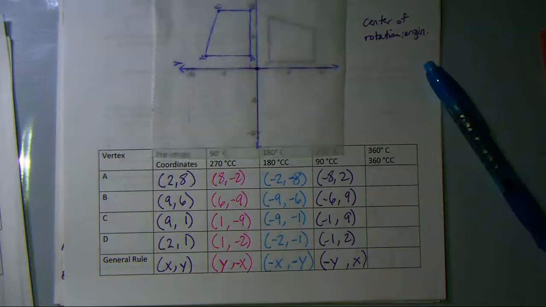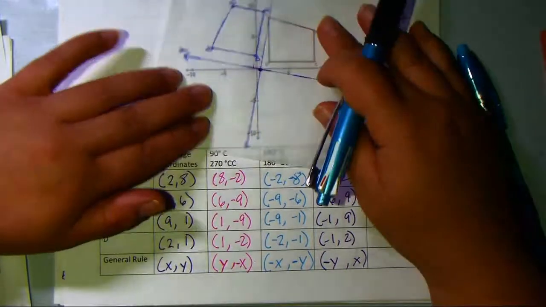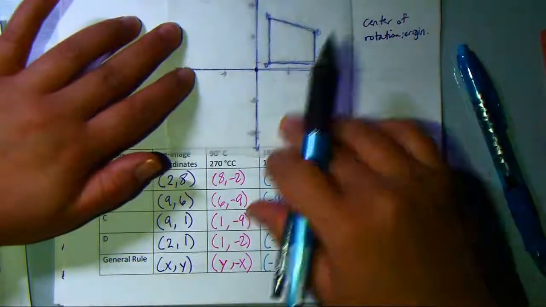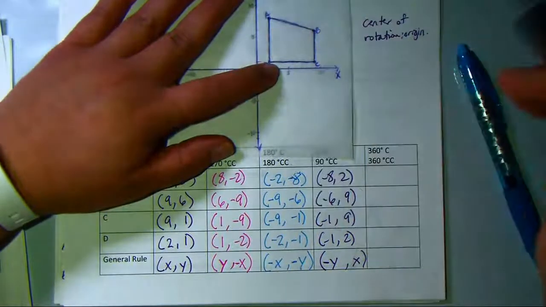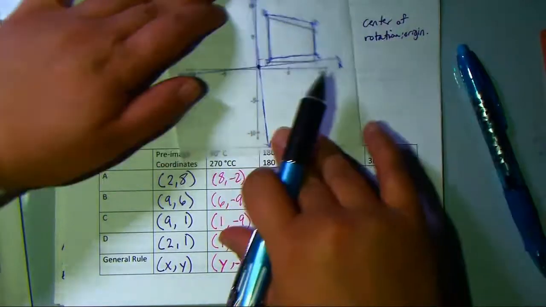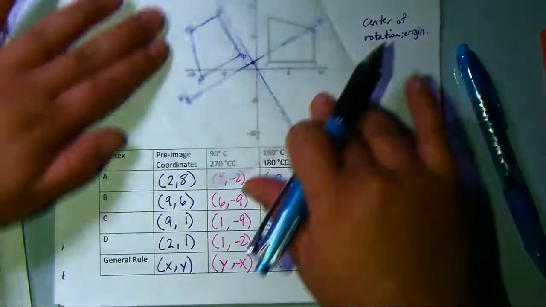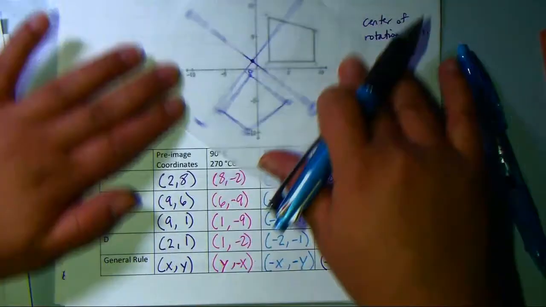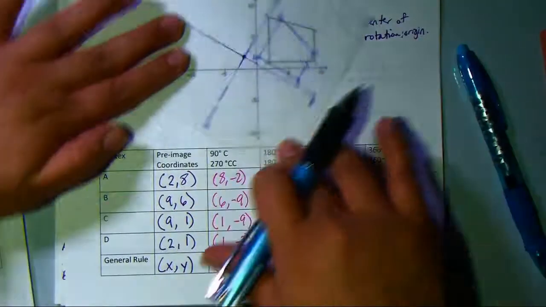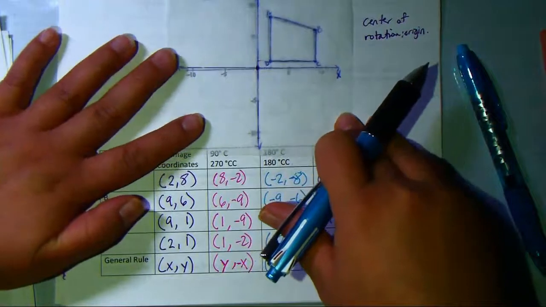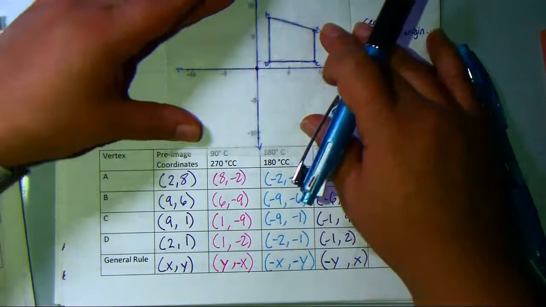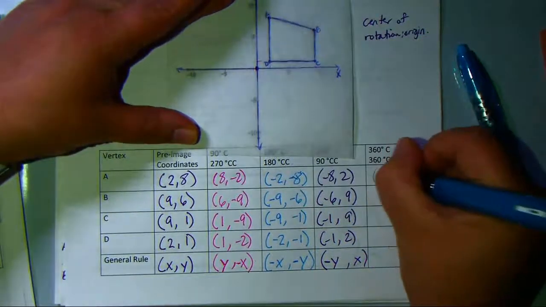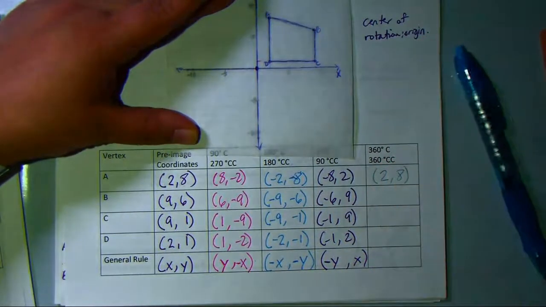All right, and then we have one more turn here. If I do a full 360 rotation here, oh, bam, right back on its original, right? So 360 counterclockwise. If I go 1, 2, 3, full 360 turn, full circle, I end up right back on my original figure here, which means my points are again at 2, 8.